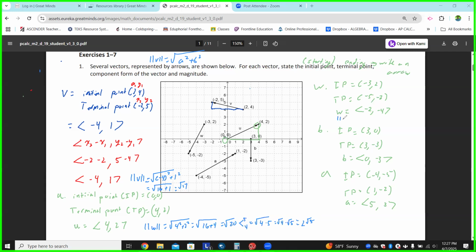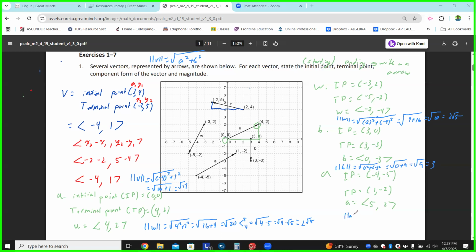W would be -2 squared plus -4 squared, which is 4 plus 16, which again gives you 20, which again gives you 2 square roots of 5. Magnitude of B is going to be 0 squared plus -3 squared, which ends up being 0 plus 9, which is 9, which is 3.